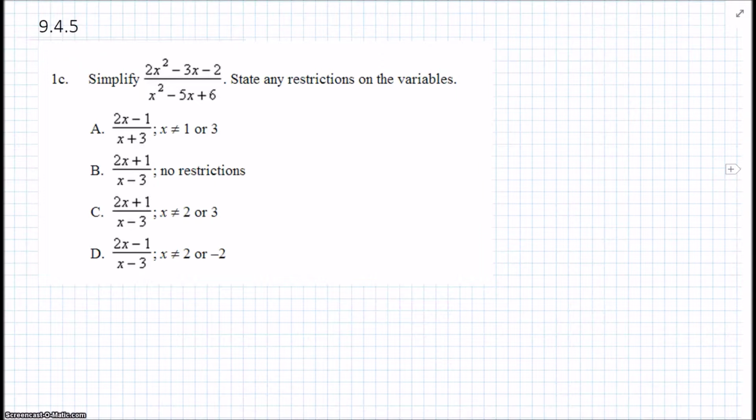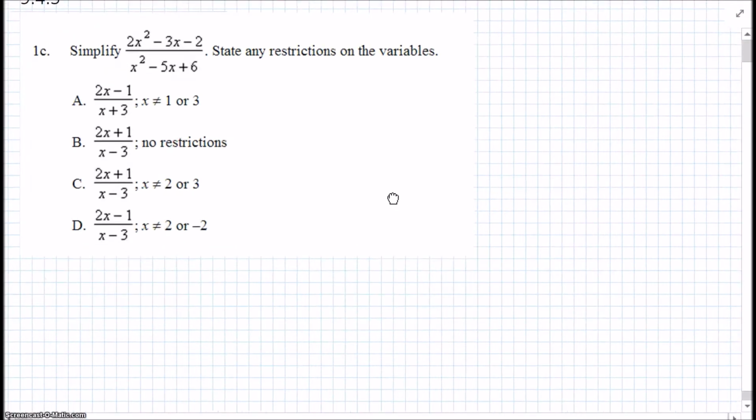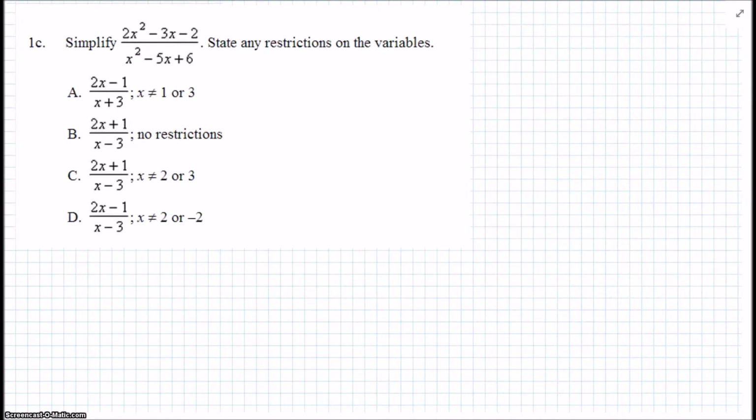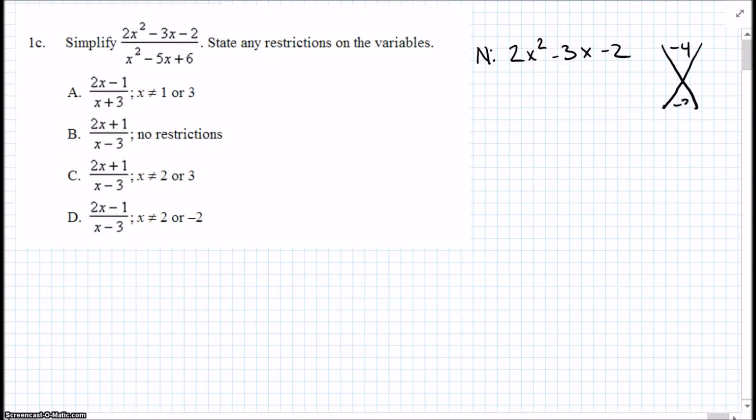Alright, 1C, simplify 2x squared minus 3x minus 2 over x squared minus 5x plus 6. So let's look at the numerator. So I have 2x squared minus 3x minus 2. So let's do our x factoring. What's my a times c? Negative 2 times 2 is negative 4. My b is negative 3.